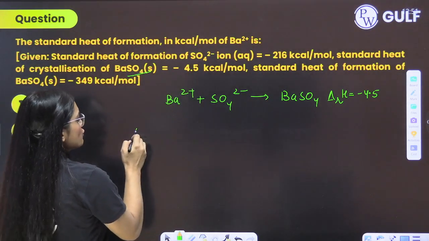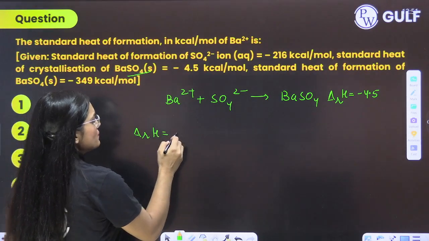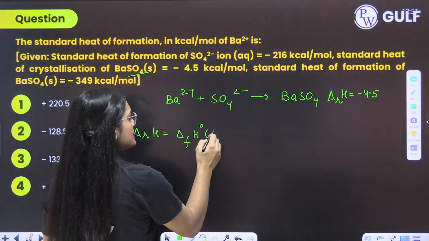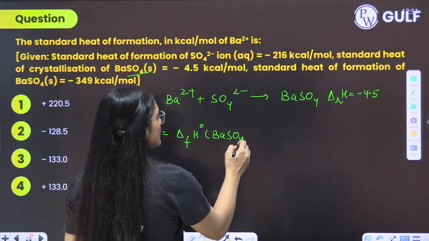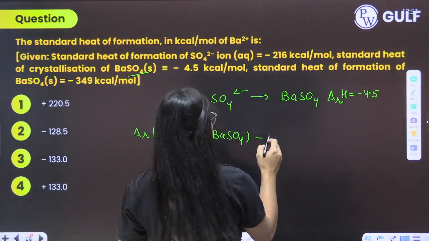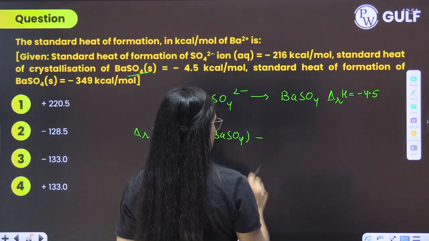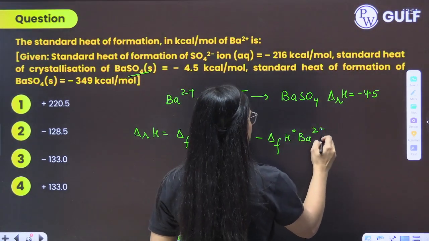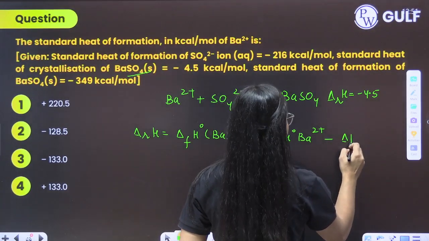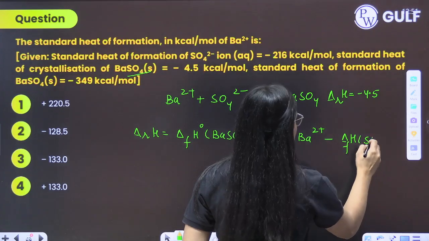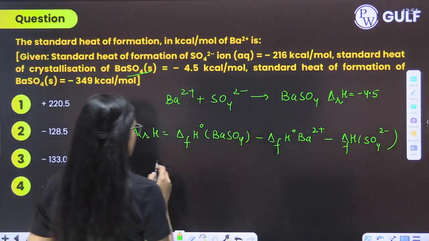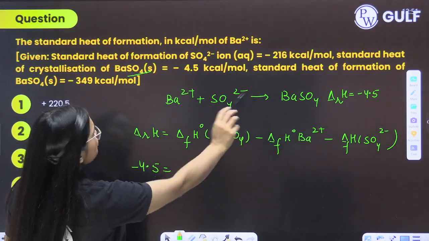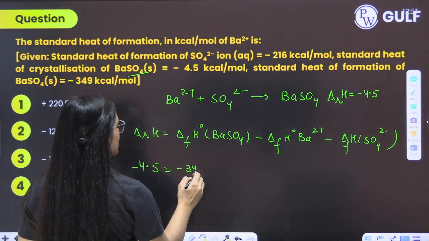Yes. So we can write enthalpy of reaction is equal to enthalpy of formation of BSO4 minus enthalpy of formation of barium plus 2, minus enthalpy of formation of SO4 minus 2. But this is already given to me, minus 4.5. This is also given to me, formation, that is minus 349.